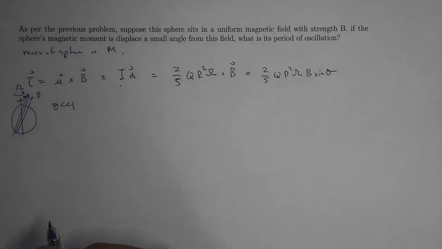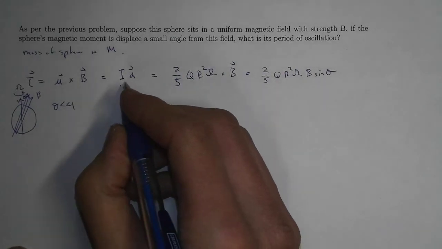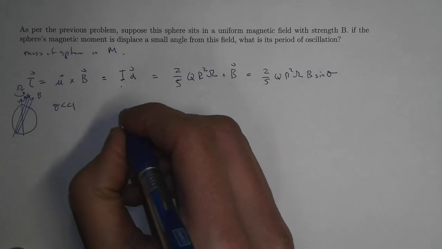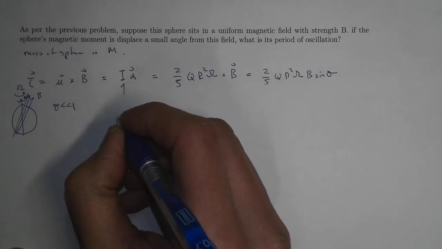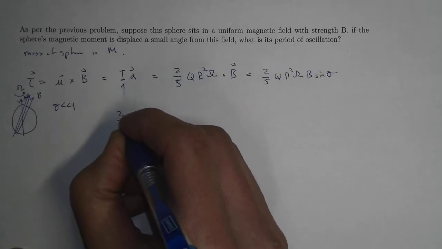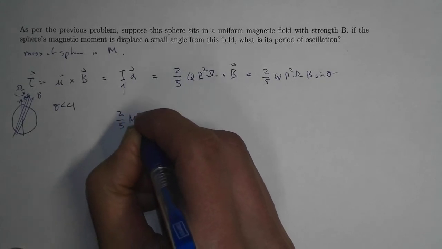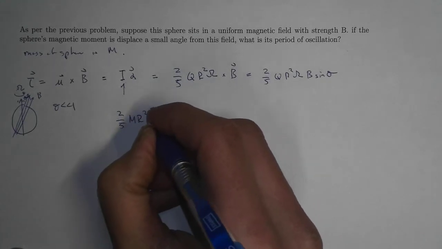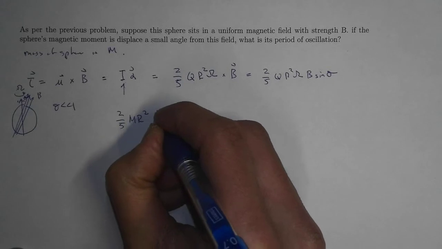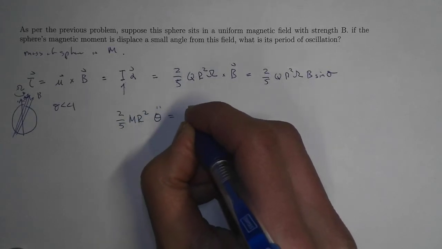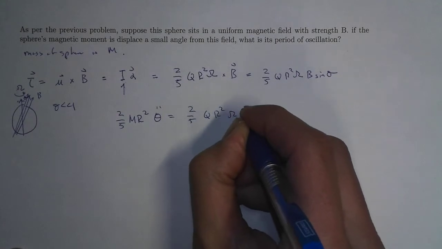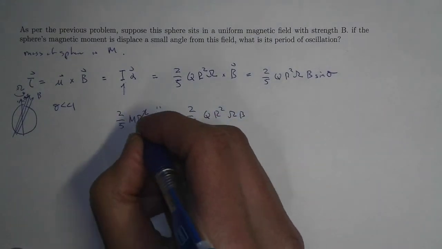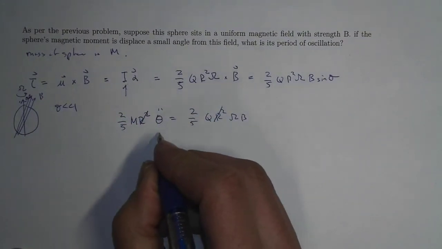Okay, so this I times alpha is really just, what is I for a solid sphere? That's 2/5 m r squared, times alpha, which is just theta double dot, equal to 2/5 q r squared omega B sine theta. Let's cancel out some terms here.